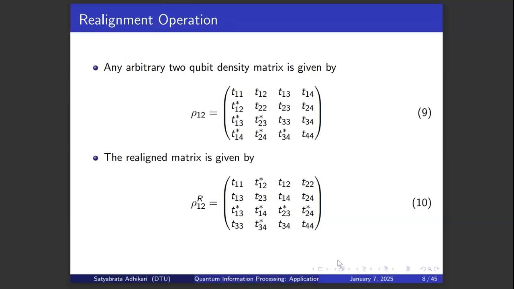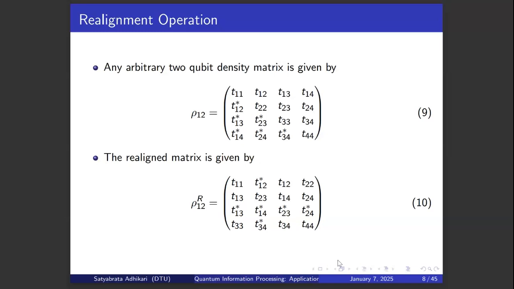Where is the problem when we apply this operation in an experiment? The problem is that these operators are positive. Partial transposition operators are positive operators, but not completely positive operators. And the realignment operation is neither positive nor completely positive.